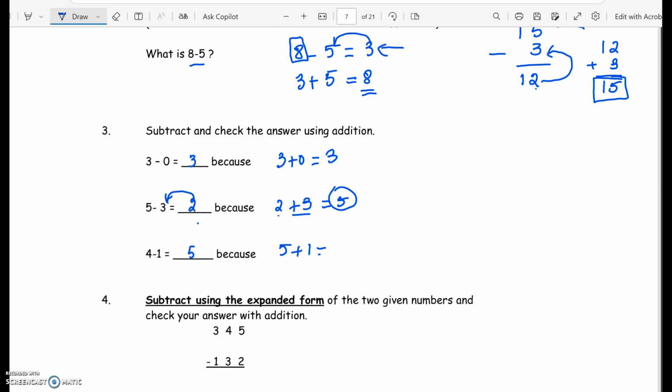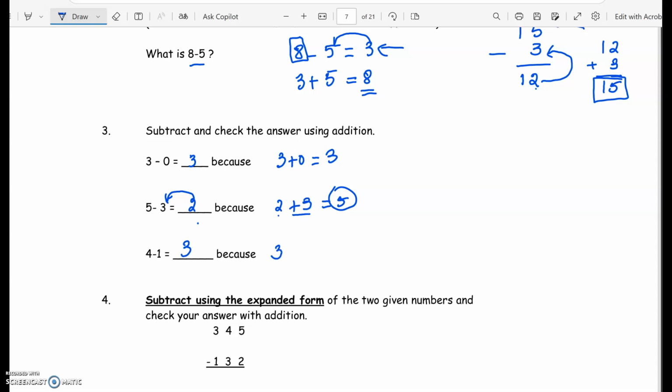Now 4 minus 1 is 5. I'm sorry, it's not a 5, erase this. 4 minus 1 is a 3, we're not adding here, we're subtracting. 4 minus 1 is 3, and why is that?